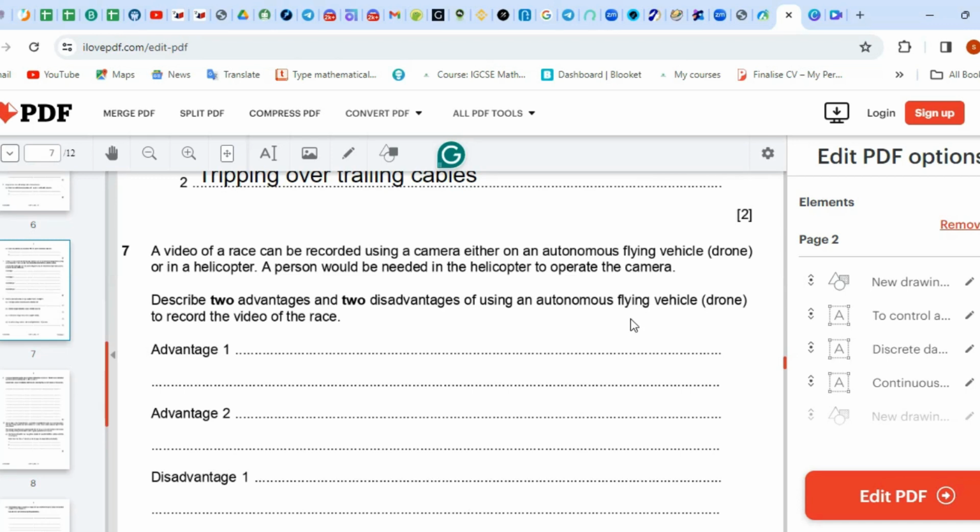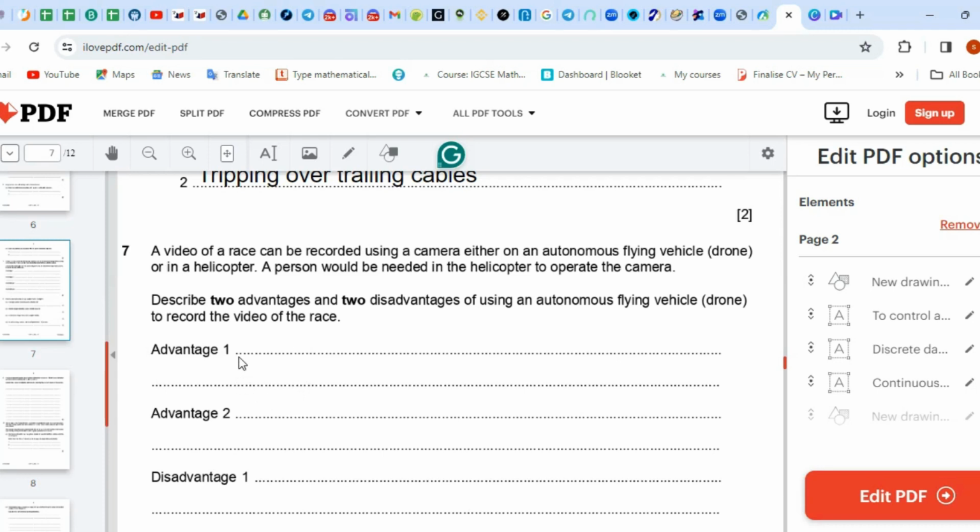You know, when you use drone, you don't need anybody to be there on top of it controlling it. You just be inside your house or seated somewhere and you are controlling the drone, right?